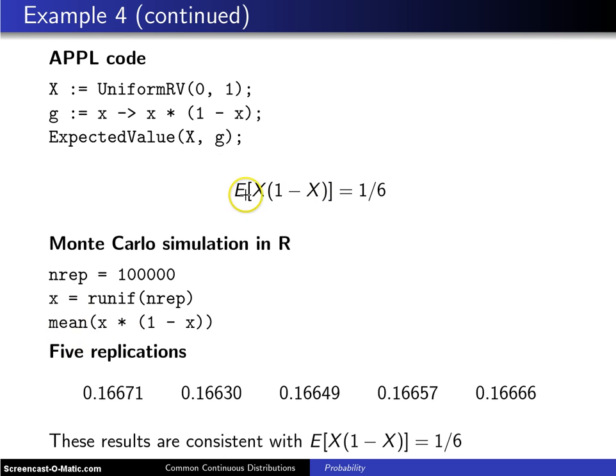And the mean is accounting for the fact that we're looking for an expected value. When you do that, the first time, you get 0.16671. When you run this a second time, you get 0.16630, etc. You look at these numbers, they are hovering about 1/6, and so this supports the Monte Carlo simulation.